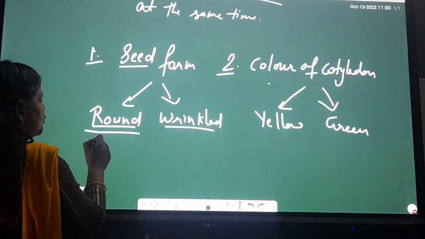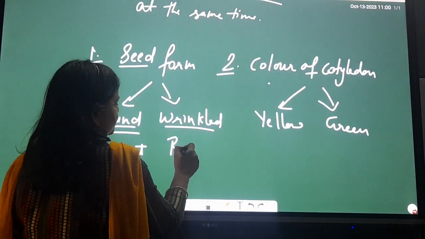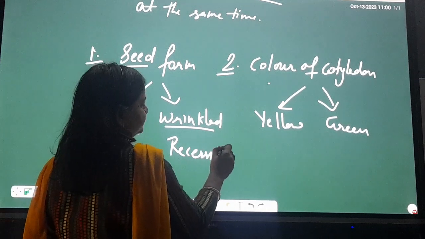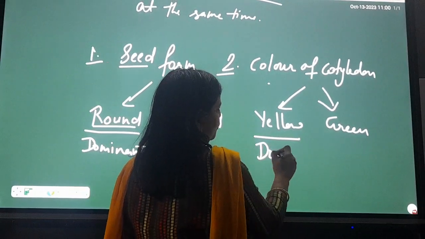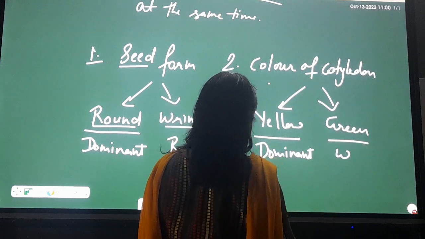Round showed the dominant trait, while wrinkled was recessive. Yellow was dominant and green was recessive.